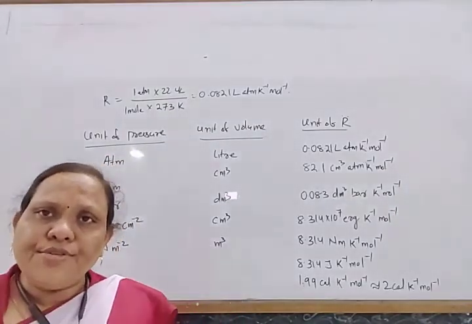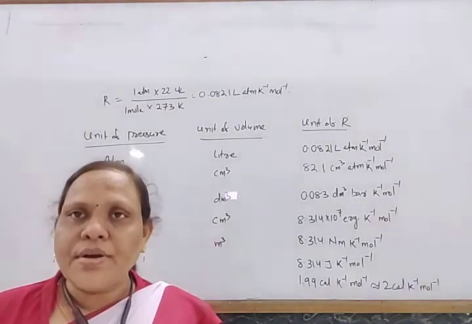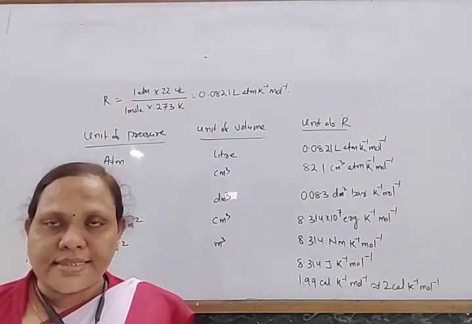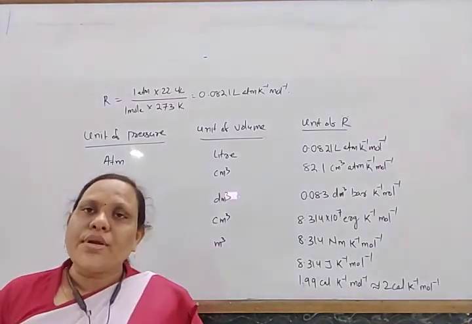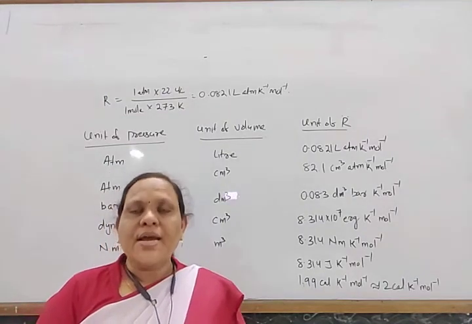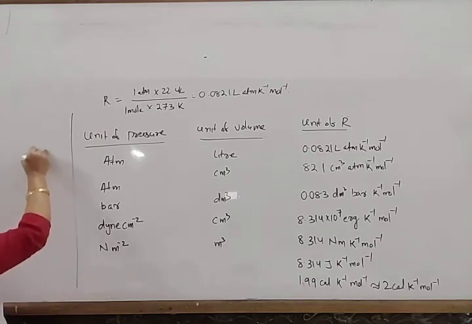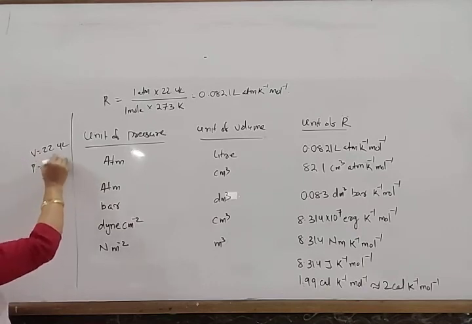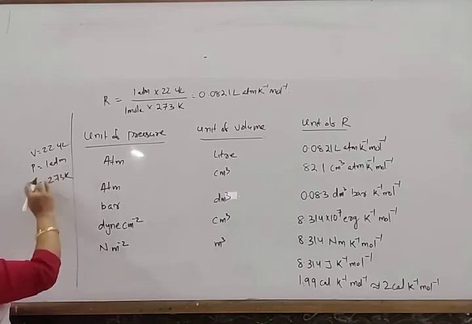So what is the value of R? That depends on in which unit you have taken the pressure and volume. Suppose we consider 1 mole of gas. We know 1 mole of gas at NTP has volume 22.4 liter, pressure equal to 1 atmosphere, temperature equal to 273 Kelvin, and n equal to 1.